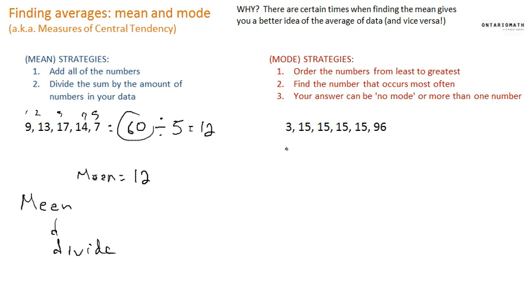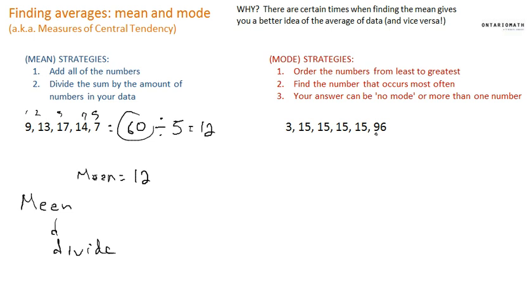So let's take a look at this set of data: 3, 15, 15, 15, 15, 96. This is a perfect time when using the mode would be more appropriate, because clearly 15 occurs way more than any other number. 3 occurs once, and 96 only occurs once.